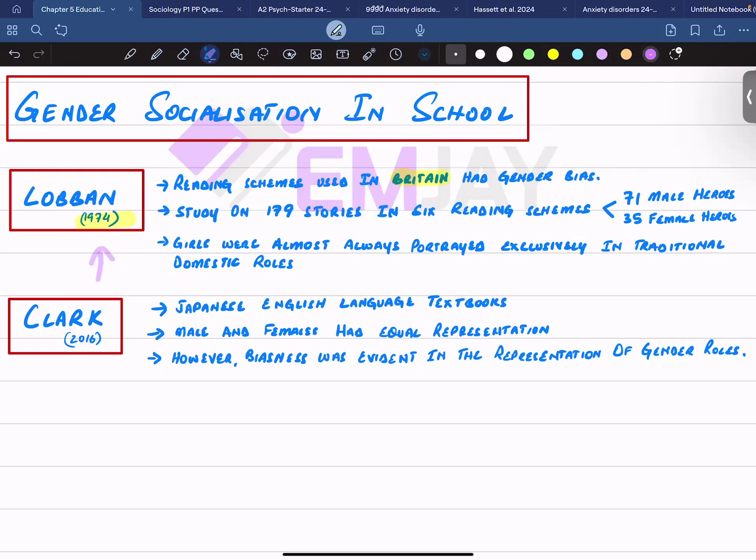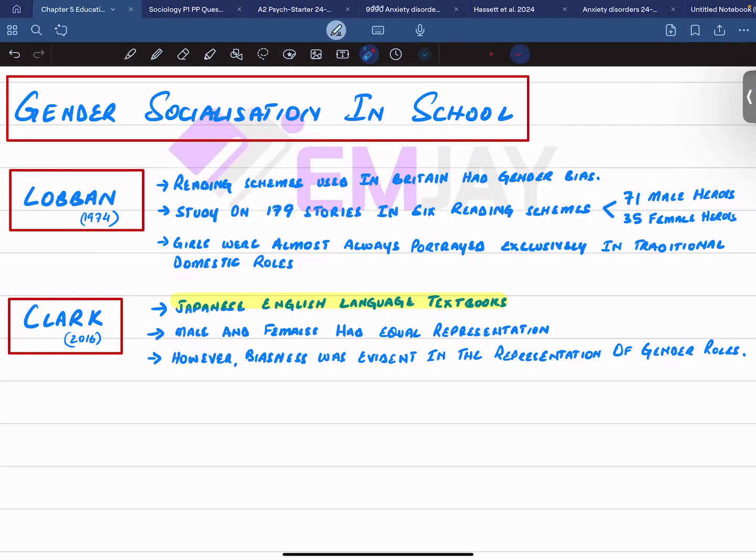We have another study conducted by Clark in 2016 on Japanese English language textbooks. Over here we had spoken about Britain; now we're talking about Japan.